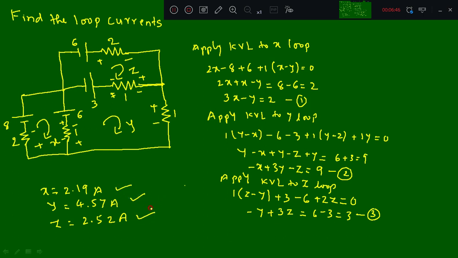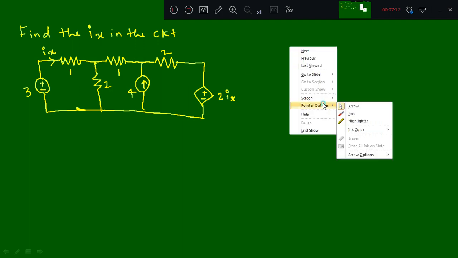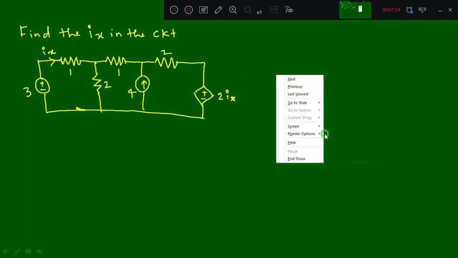So we'll move to the next one: find the Ix in the circuit. Here the first thing we can observe is that there is a current source between two loops. So this becomes the super mesh.